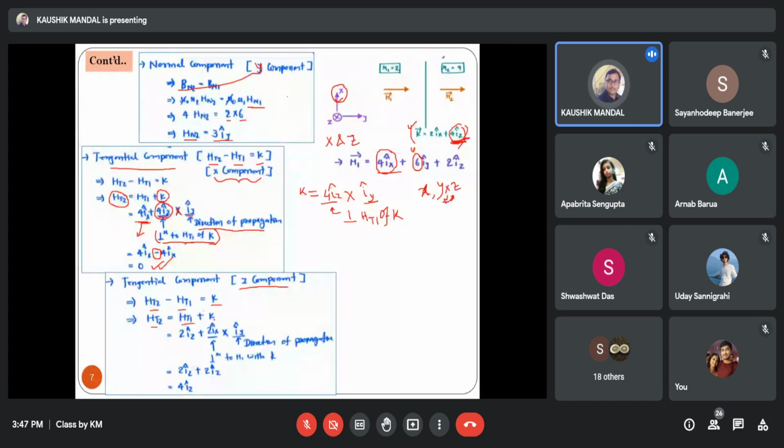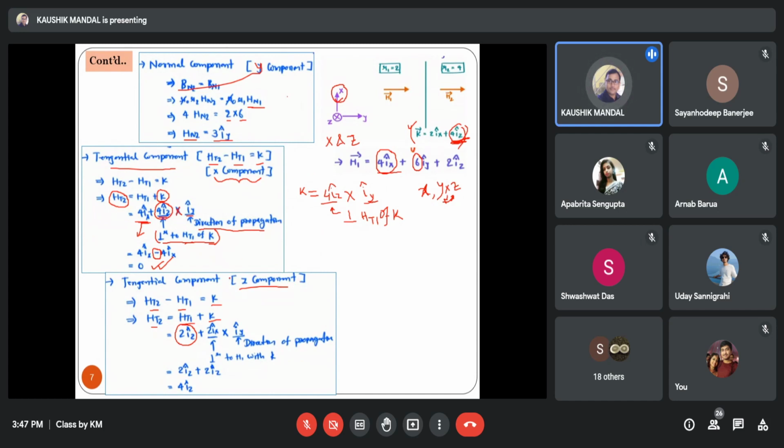Now what will be that ht1? Tell me how we can find out that ht1. The tangential component to the z. There are two tangential components, one is x and the other is z.